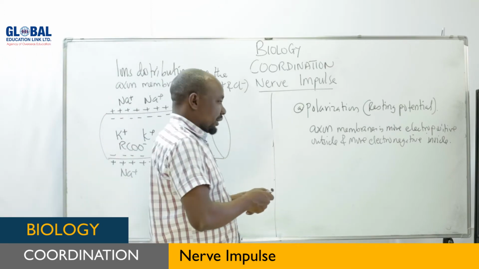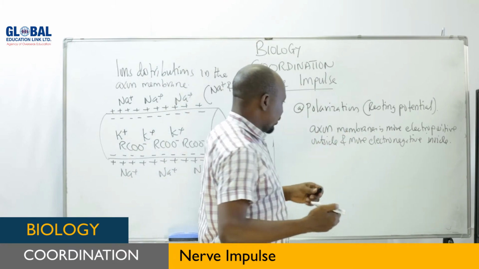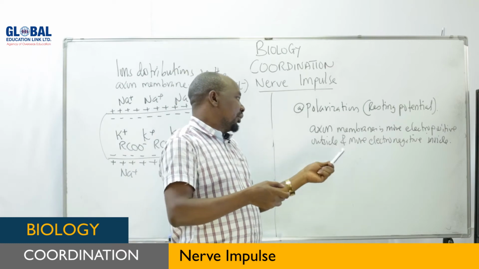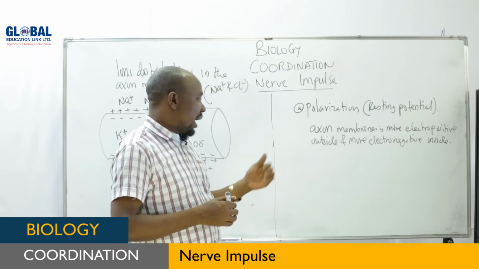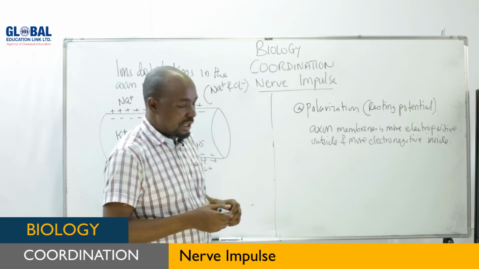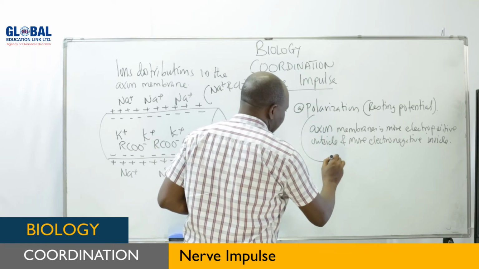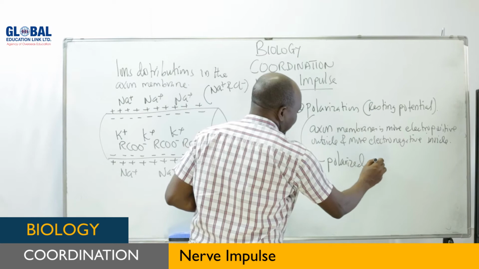And the membrane with a large concentration of cations outside and a small concentration of cations, or a high concentration of anions, inside is described as a polarized membrane.